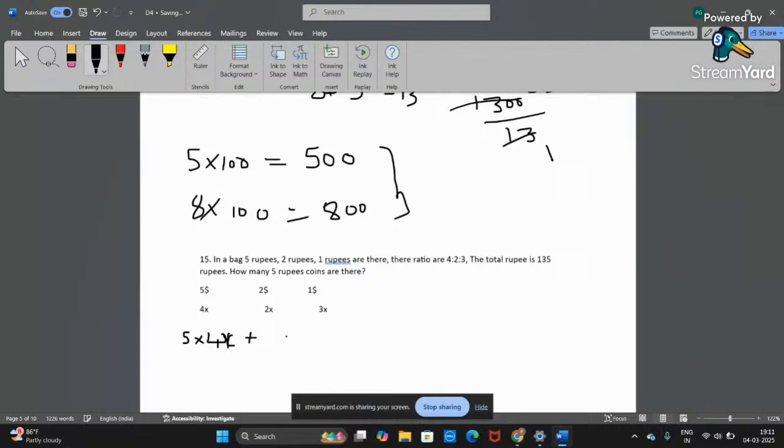Plus 2 rupees coin in the ratio of 2x, plus 1 rupee coin in the ratio of 3x. Totally, we have 135 rupees in the bag. So when we add all this, the rupees will be 135 in the bag.